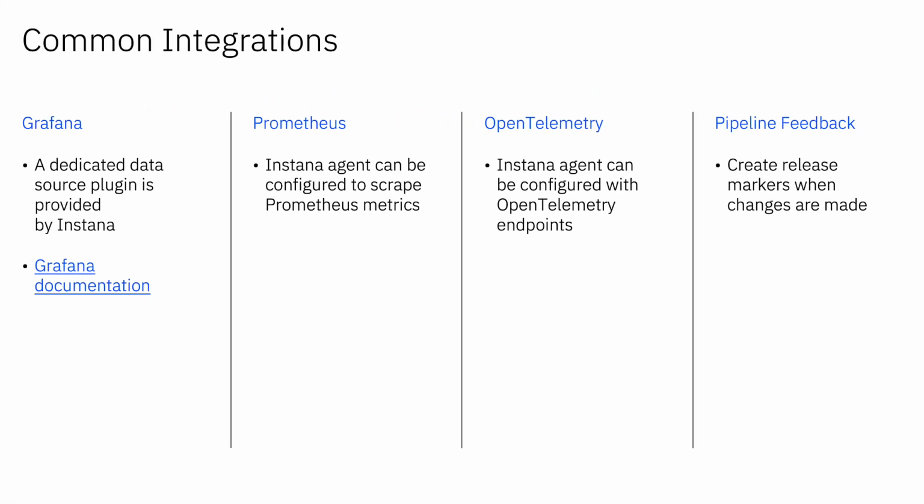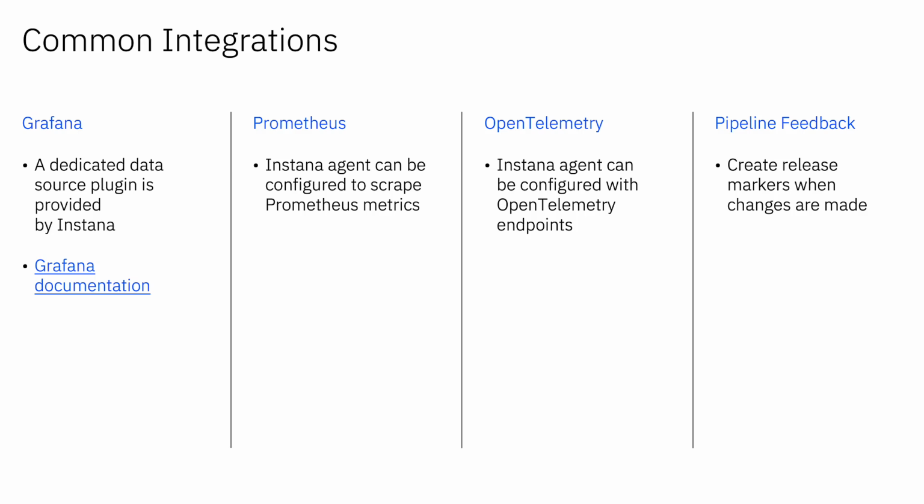The common integrations that are created using the REST APIs of Instana is the integration with Grafana. Grafana is an open source dashboarding solution, very popular, extremely versatile. It has really hundreds of data source plugins available.